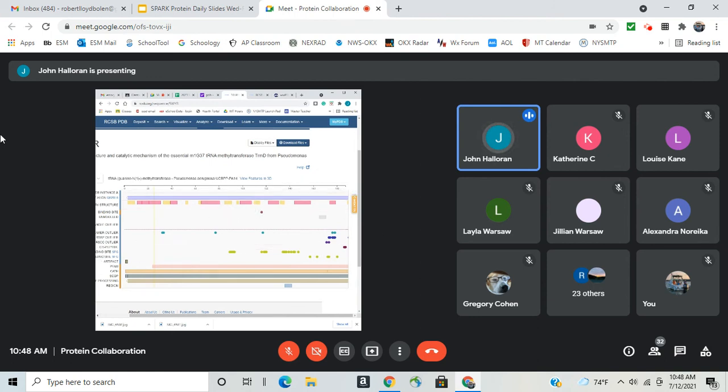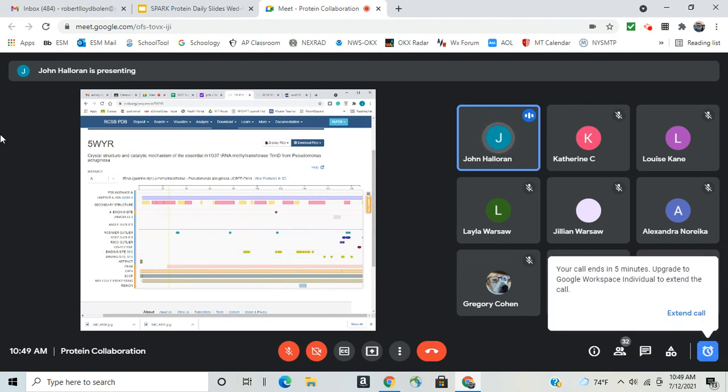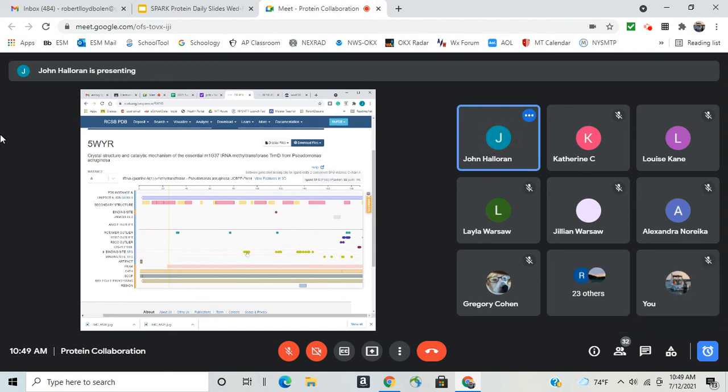Sorry, I don't have it zoomed in, but you can see where the different structures are, like the alpha helixes or the beta sheets. They actually did it differently. So SFG, which is the ligand, they didn't put it up here. They have it down here. This is where SFG is binding. So it's kind of helpful as far as trying to figure out the active site. So this is where the active site would be, the amino acids down here.